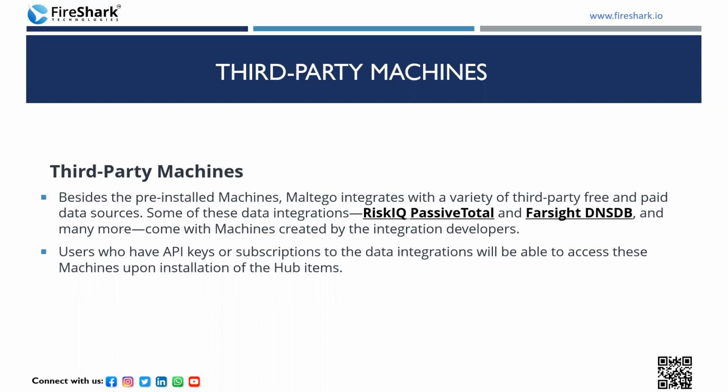Some of these data integrations like RiskIQ, PassiveTotal, and the Farsight DNSDB, and many more, come with machines created by the integration developers. Users who have API keys or a subscription to the data integration will be able to access these machines upon installation of the hub items.